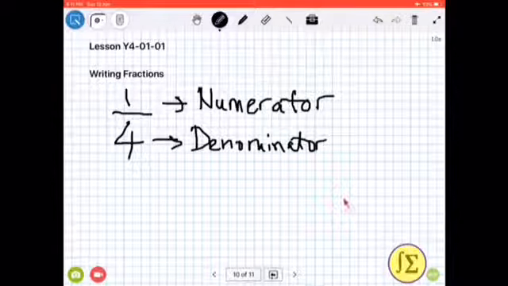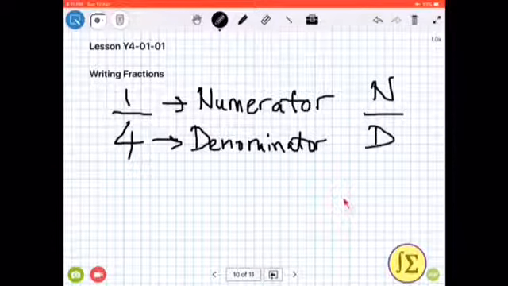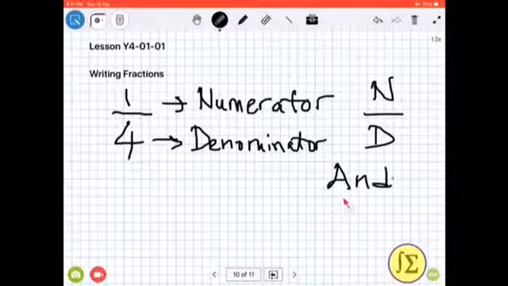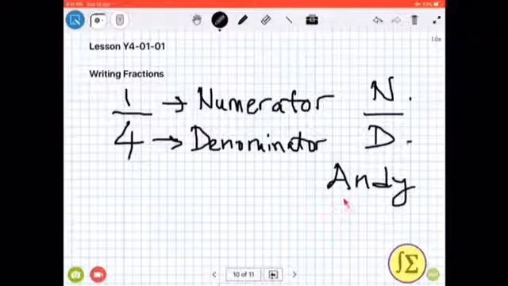The way I remember it is n over d. I think of the name ND. That's how I remember which number is the numerator and which number is the denominator.